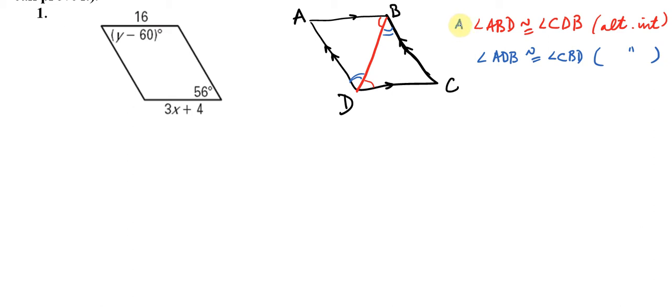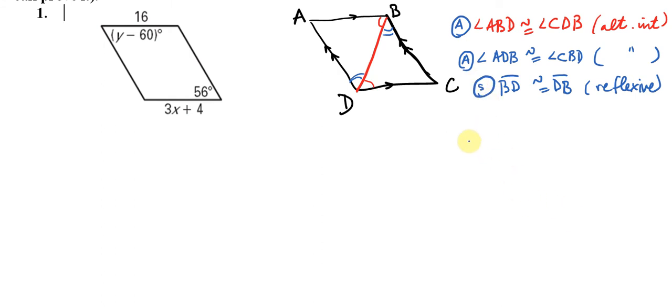And so we have an angle here, we have yet another angle here, and we have the side that's joining them in the middle. So BD is congruent to DB really by the reflexive property. It's the same thing, and so that gives us a side.